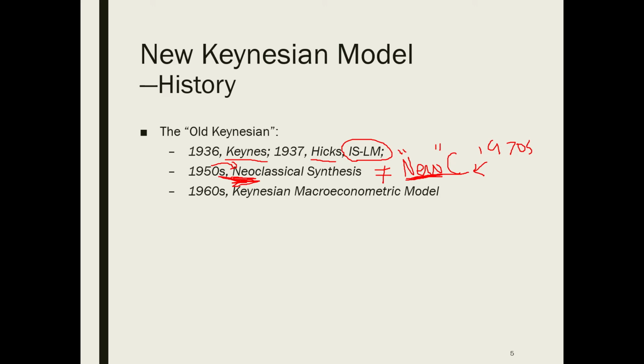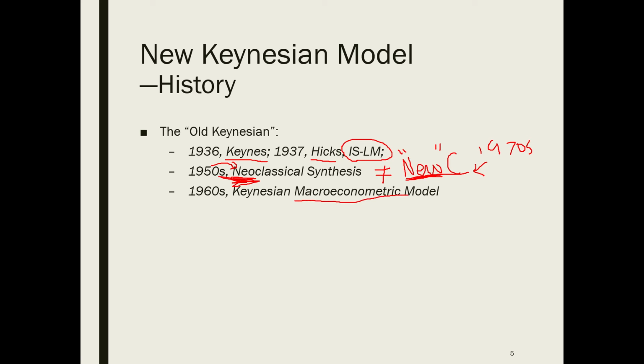Even new Keynesian is also part of NEO classical school of thought. Anyway, in the 1960s, the Keynesian idea is then put into empirical models, which is called the macroeconometric models.